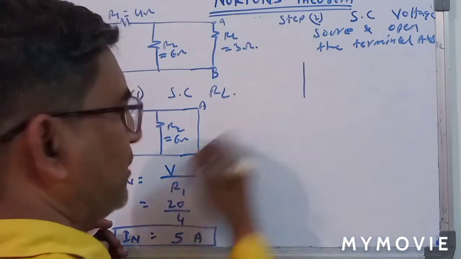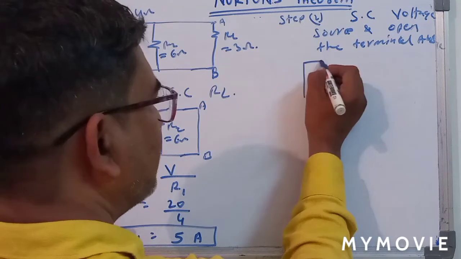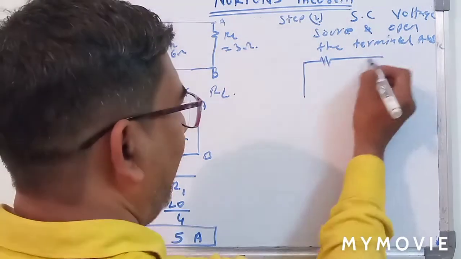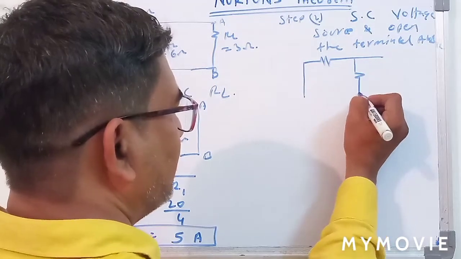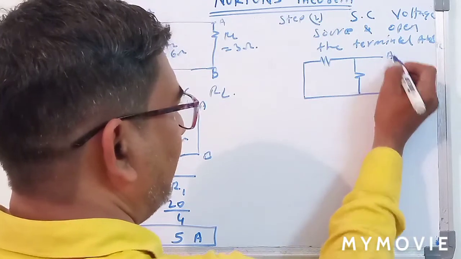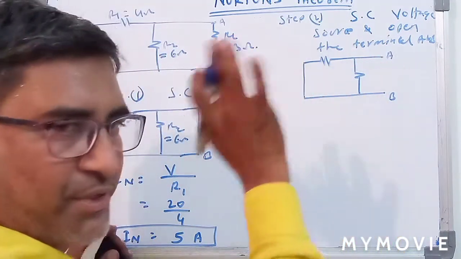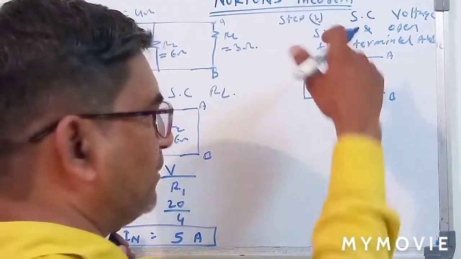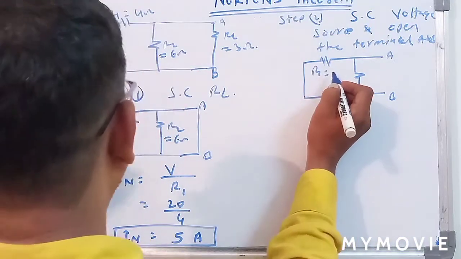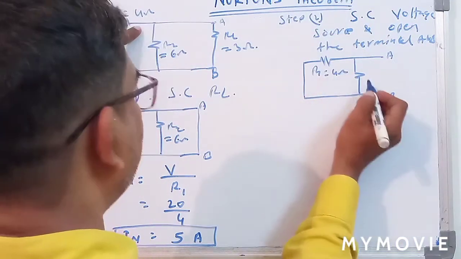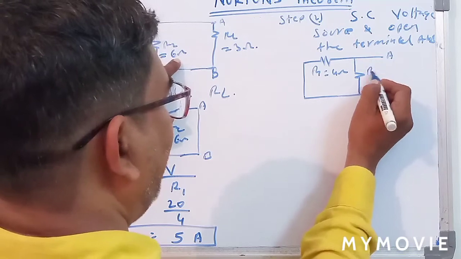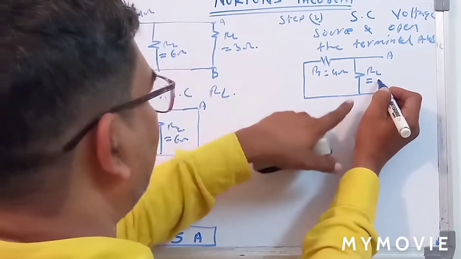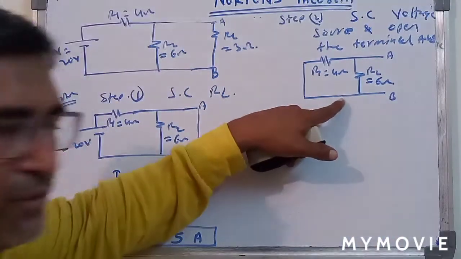So this voltage source is shorted, with the resistance R1 and the next resistance R2, and terminals A and B open circuited. Now R1 has the value 4 ohms and R2 has the value 6 ohms.